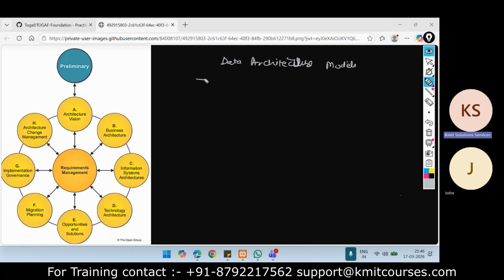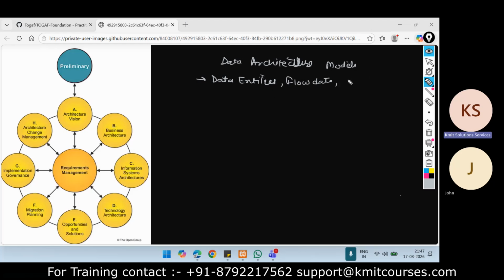So here we are identifying the data entities, data flow diagram, how the data will be input, how the data will be loaded, how the data will be transformed, right?